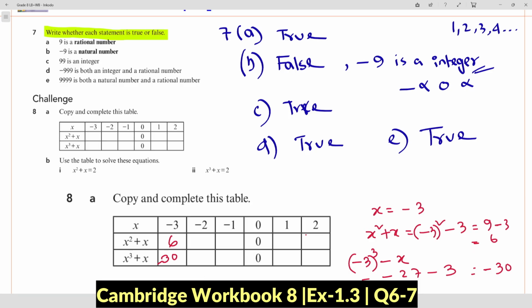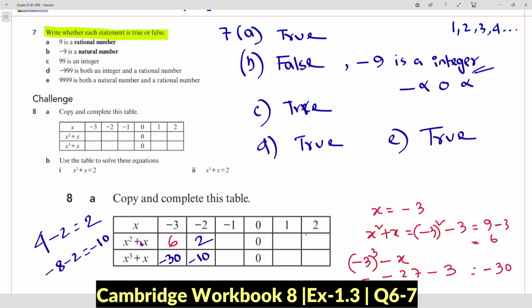Next, you should write more carefully. And here is -2. -2 square is 4, and -2, it's 2. Then x cube plus x, -2 cube means -8, and -2, it will be -10.